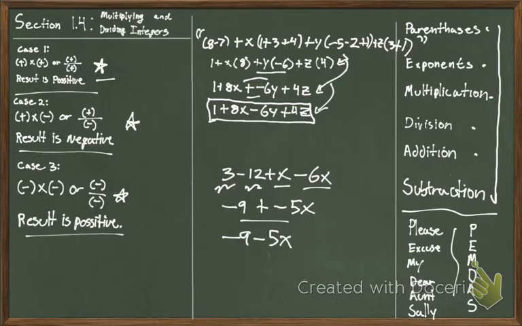Got a little messy there, but you see the point, which is that these rules that we're learning have to be applied dynamically while we're exercising these problems and reducing these expressions. This is the solution to number 19.